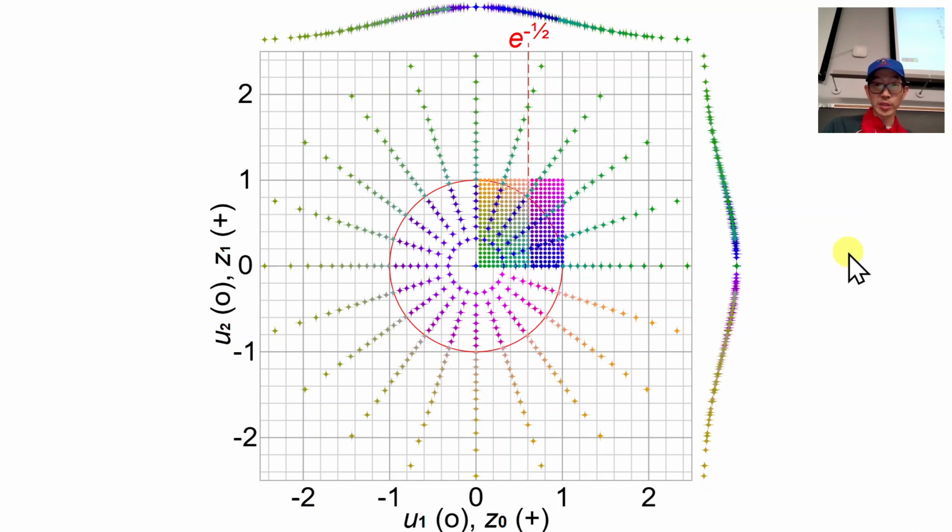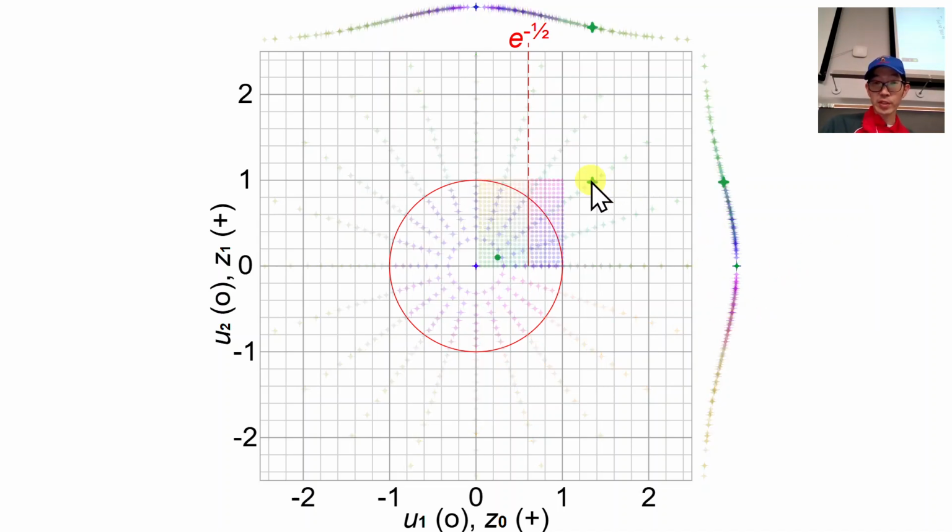Okay, so if, say, the coordinate you generate has an x value of 1, that corresponds to a radius of 0.